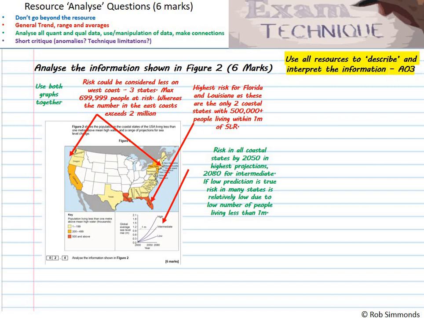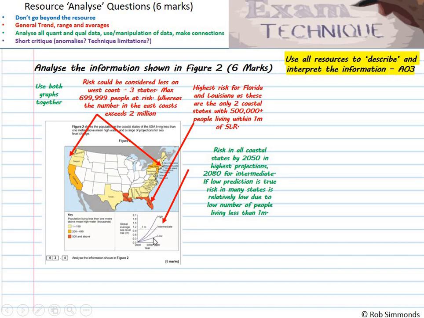Now, moving into analysis and making connections between these 2 graphs, which is going to be essential for me reaching level 2. First of all, the line graph is showing that for the intermediate and the high projections, risk, so when sea level rise reaches 1 metre, will occur in 2050 for the high prediction and 2080 for the intermediate one.